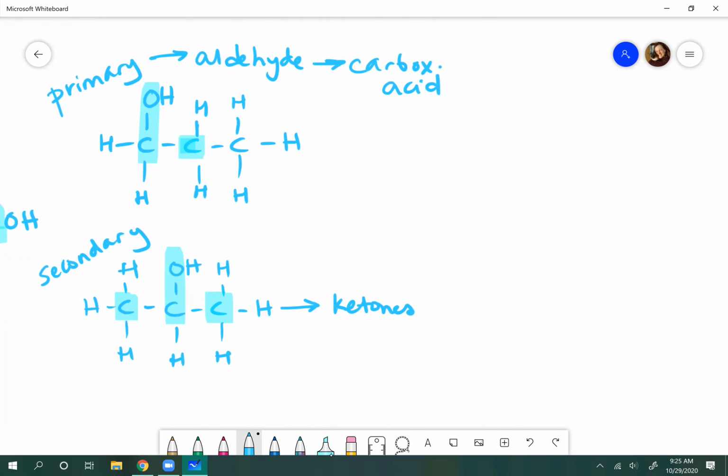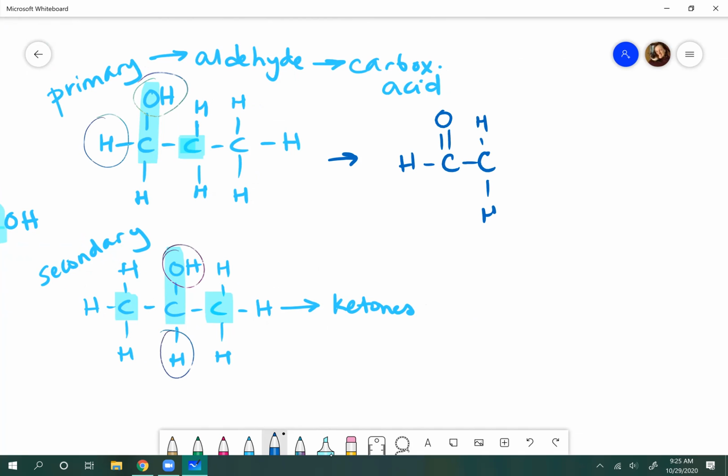So what's happening, again, we don't need to know specifics, but to start out, the OH and H would become these things, H, C, double bonded O. And again, we don't need to know specifics on this bit.